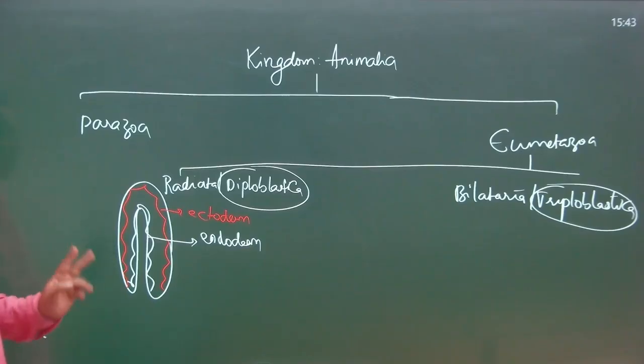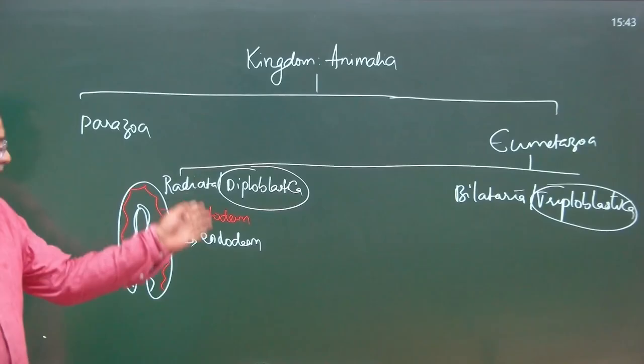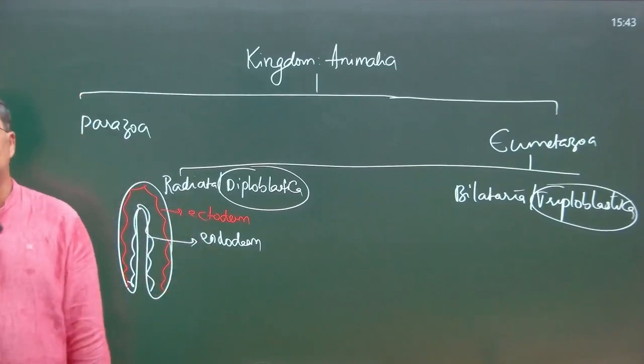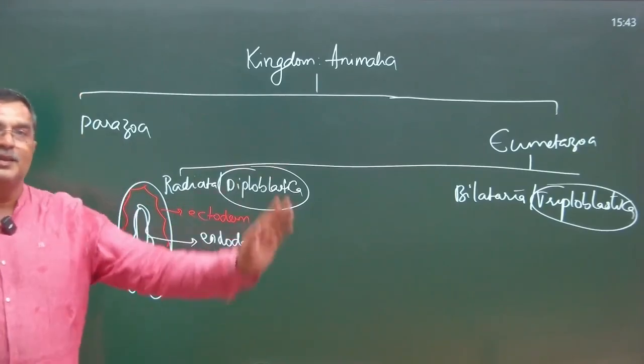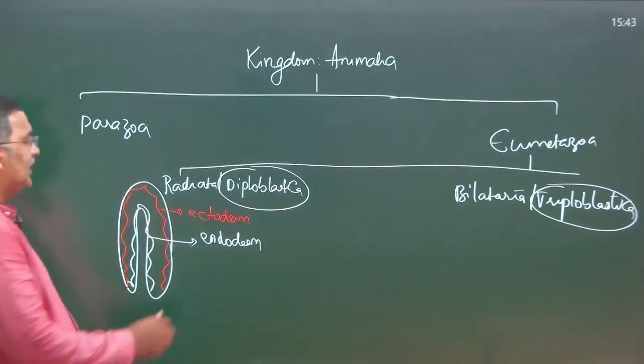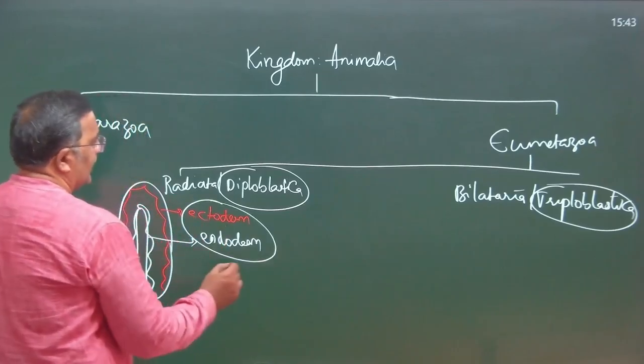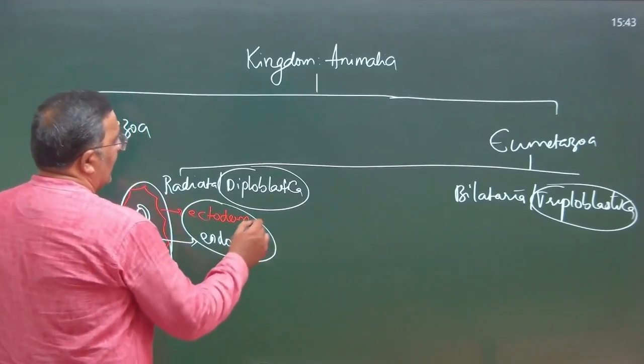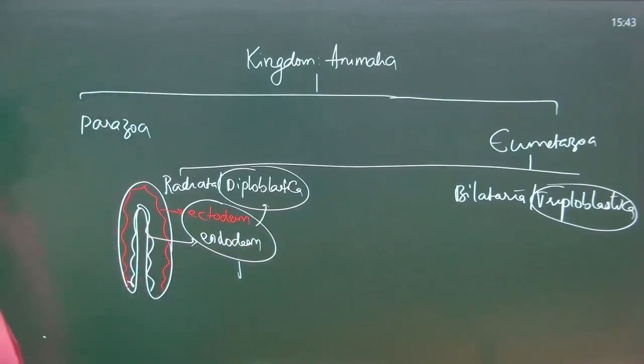What do they do exactly? They are going to form the whole organism. During the process, they divide continuously and form the whole organism. If these germ layers are only two, we call them diploblastica.